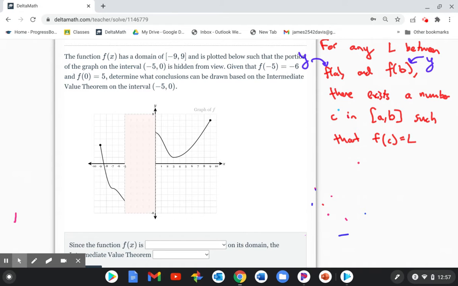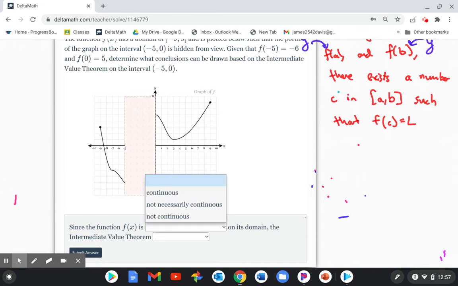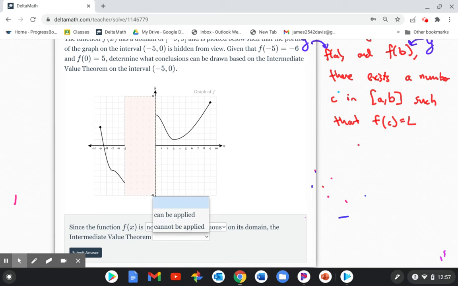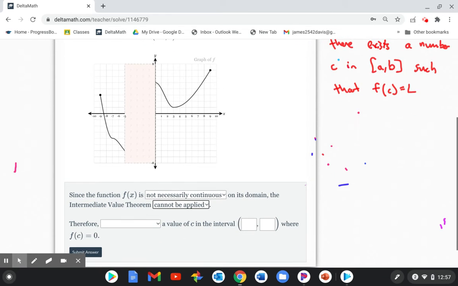Once you get the pattern of these down, they're not too bad. This next one, notice again that it doesn't tell you anything about whether it's continuous or not. It just says it has a domain. So we're going to say not necessarily continuous, cannot be applied because we don't know if it's continuous.